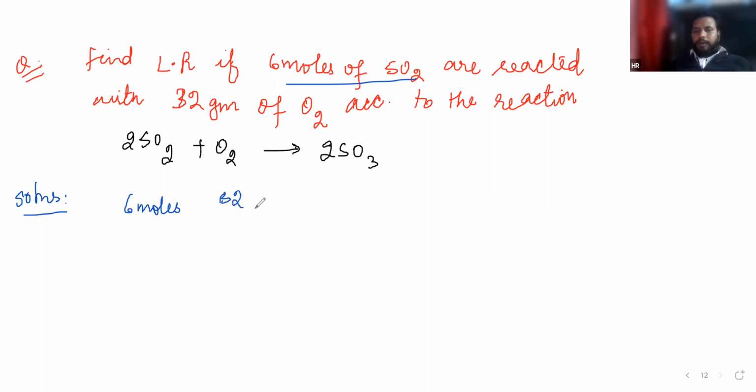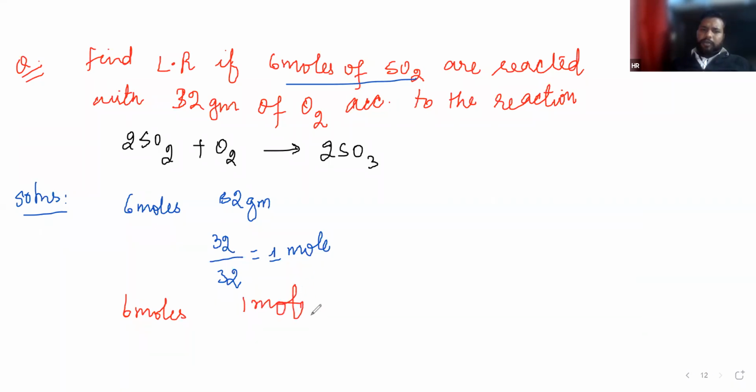You cannot compare moles with grams. So you have to calculate number of moles. 32 gram is given mass and molar mass of O2 is 32. That will be 1 mole. Now see, it is given 6 moles and here it is 1 mole, and take the ratio.